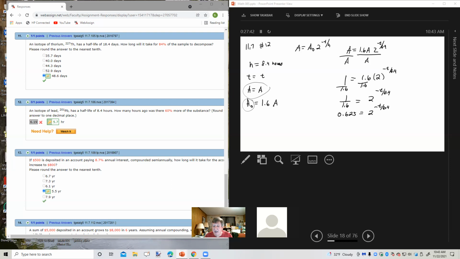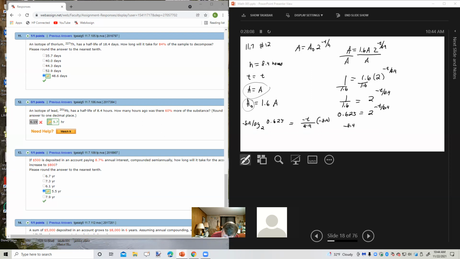So now I'm going to change it into a logarithmic equation. We're going to get, I'm going to go all the way over here, log base 2 of 0.625 equals negative t over 8.4. I'm going to multiply both sides by negative 8.4. So then on the left side, I'm going to get negative 8.4.